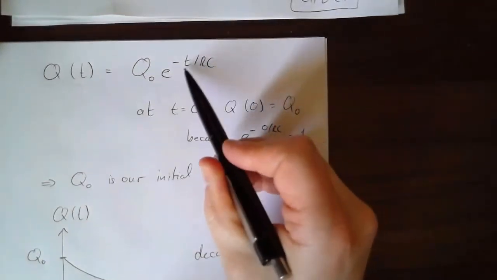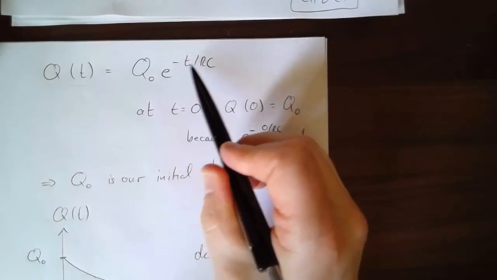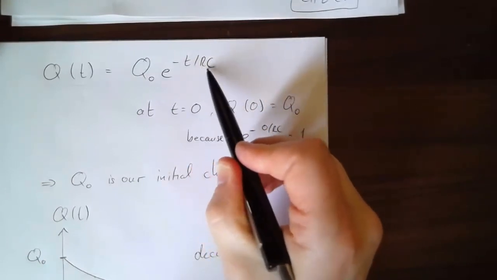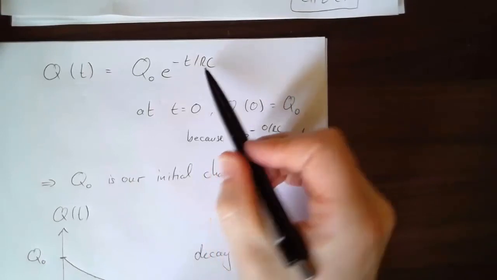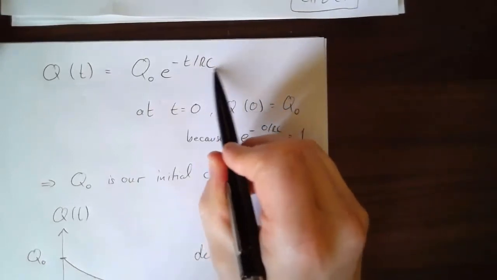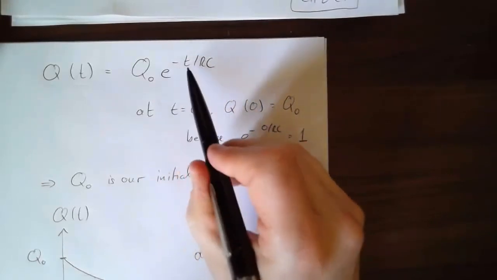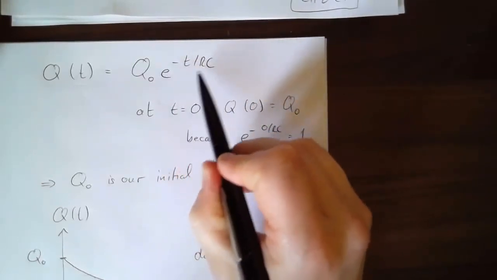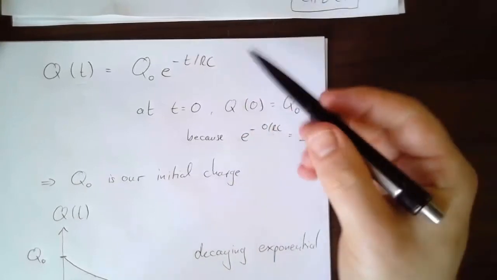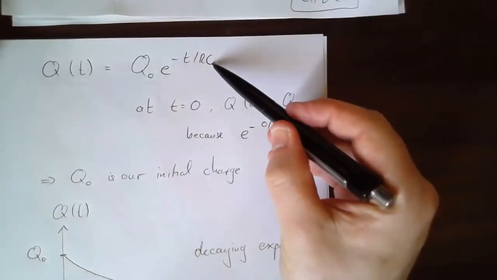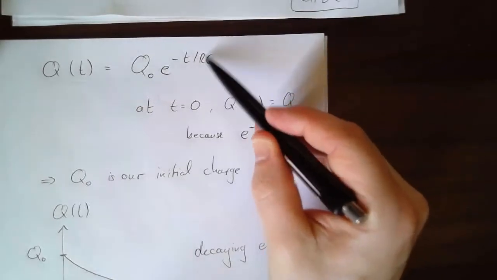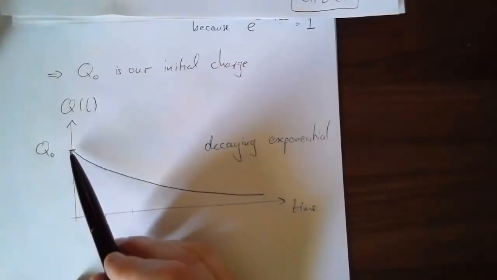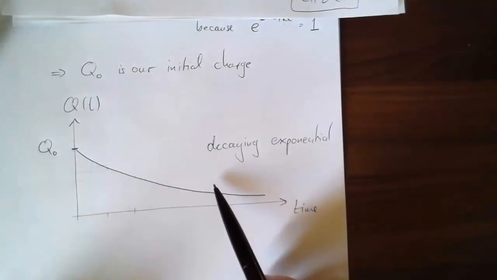Just from your understanding of exponentials, or just play around with the numbers, get a graphing calculator, graphing website or app, plug in some numbers, and see how the decaying exponential depends on the values of R and C. What you should find is the bigger the resistance and the bigger the capacitance, the longer it takes for the thing to discharge. And I hope that makes sense.